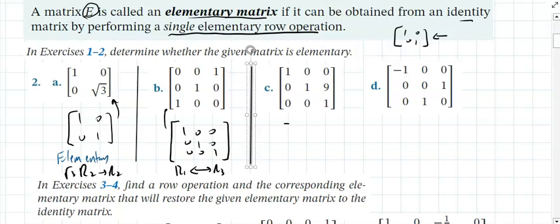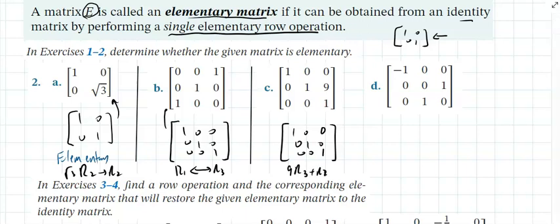For the 3 by 3, if I take 1, 0, 0, 0, 1, 0, and 0, 0, 1, and I take 9 times row 3, add it to row 2, put the result in row 2. Isn't that a single operation? Multiply by 9 and just add it to the row. So this is elementary. And if I get to the last one, well, here we have a problem.